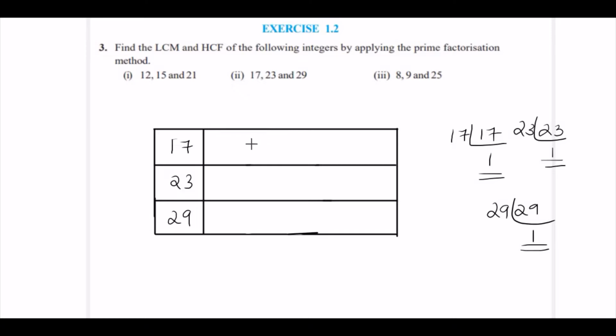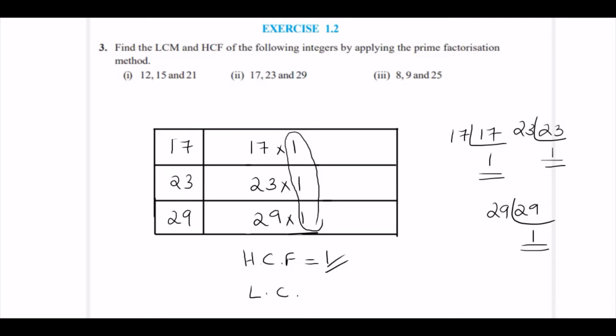So you have to write the prime factors, that is 17 into 1, 23 into 1 and 29 into 1. So when you're considering the HCF, the common factor is 1. So 1 is the HCF.